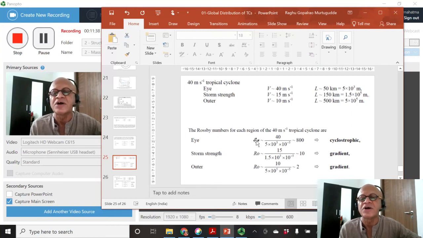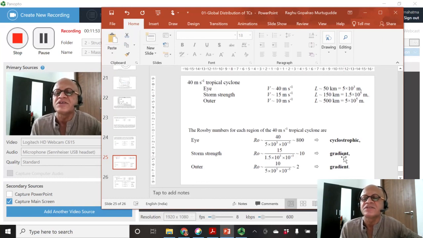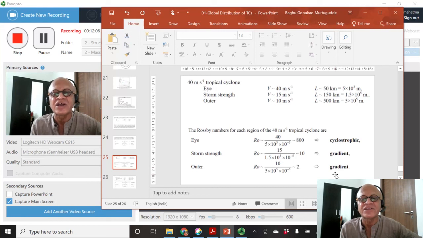So the Rossby numbers at similar f will give us 800, so still cyclostrophic balance, but we are at 50 kilometers here. Storm strength is at a Rossby number of 10, so it is still in gradient balance, and at the outer edge we still have a Rossby number of 2, so we don't have geostrophic balance anymore for a strong cyclone. We are getting gradient balance out to 1,000 kilometers.